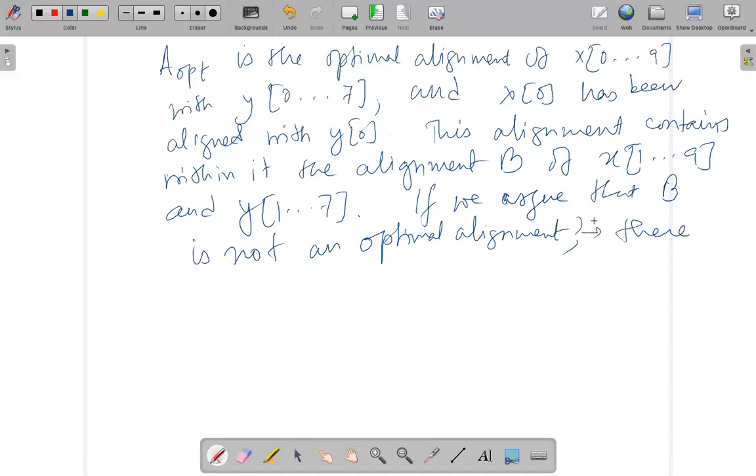This would take us to saying that there is another alignment C with a smaller cost.